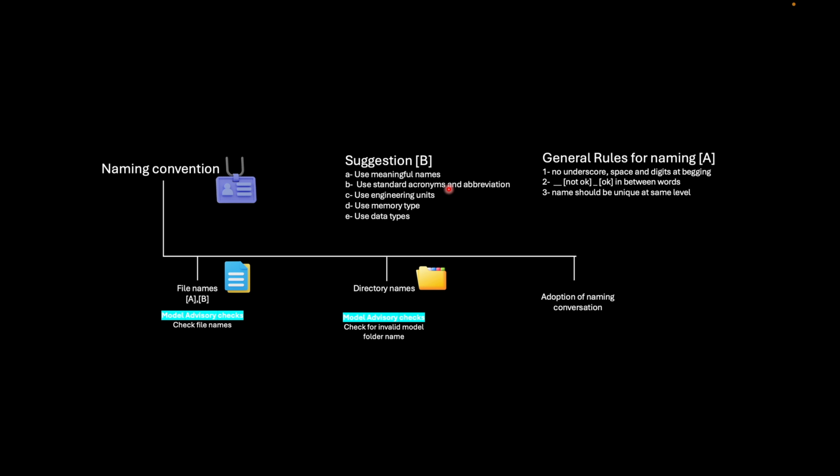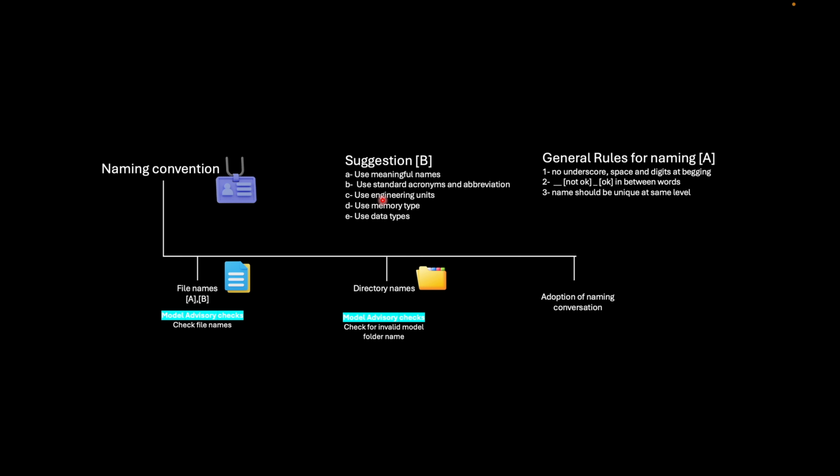Next, using standard acronyms and abbreviations. You need not use the entire name. Suppose the operation you are doing inside the file is too much, like it is doing many operations, then you can use acronyms and different abbreviations so that it will be easier to recognize what is actually happening.